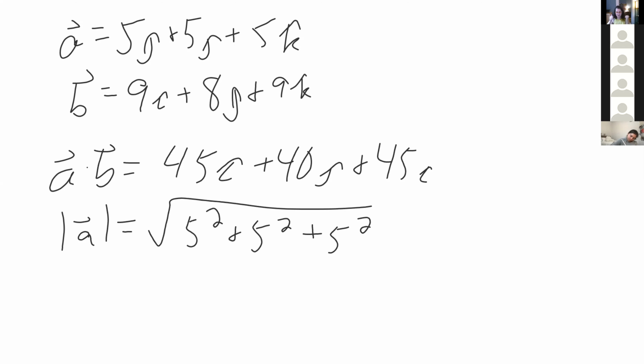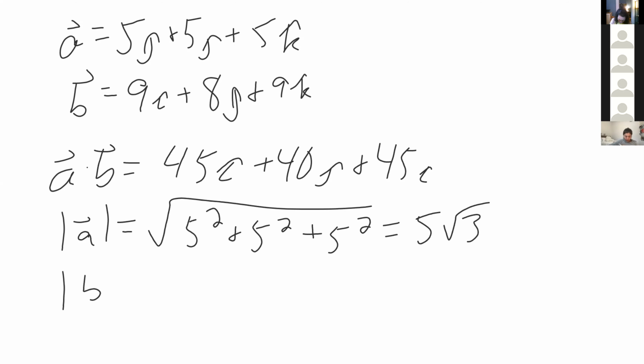It scales like that, which is very helpful, and that's because their directions are orthogonal. Take linear algebra if you want to painstakingly prove why that is true. And this will give us 5 root 3. I'm not going to figure out what that is.